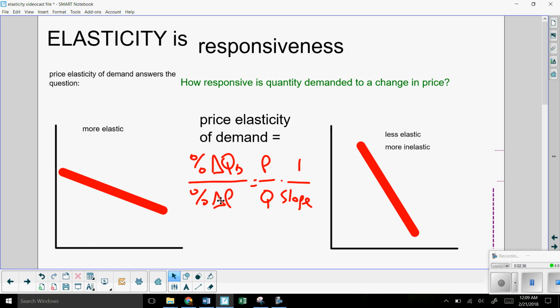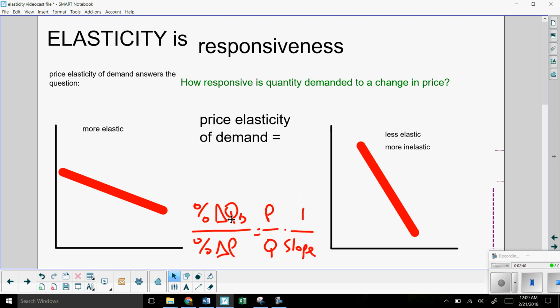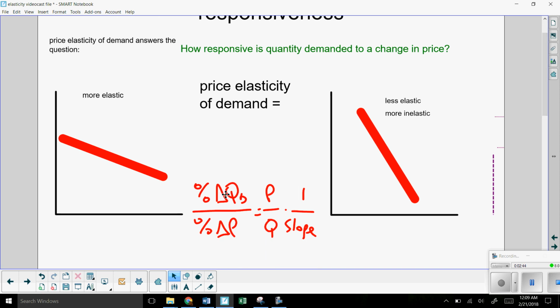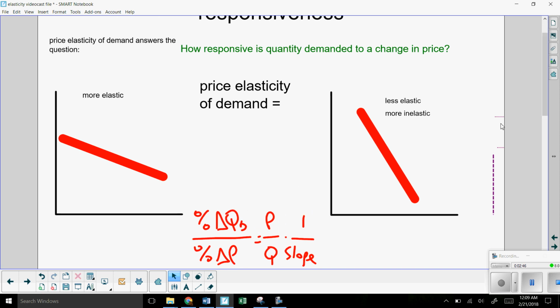But we'll park that formula aside, and we're going to think about a couple of demand curves that we have here. So we're going to slide that formula on down. We'll take note of it later, and we'll mess around with it a bunch during this video. But on these two demand curves I have, let's just think about a couple different prices. So here's an initial price and a second price. And for the purposes of this right now, we'll think of this as a price decrease.